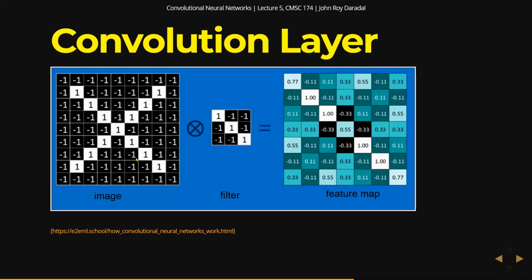Okay, so if you convolve the image with this filter, if you run it on the 3 by 3 windows, these are the results. And you'll notice that since this is the diagonal filter, right?